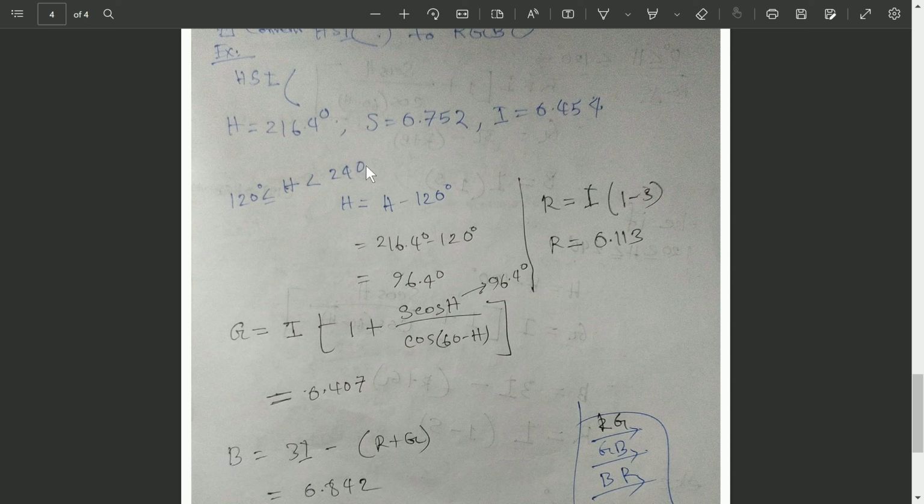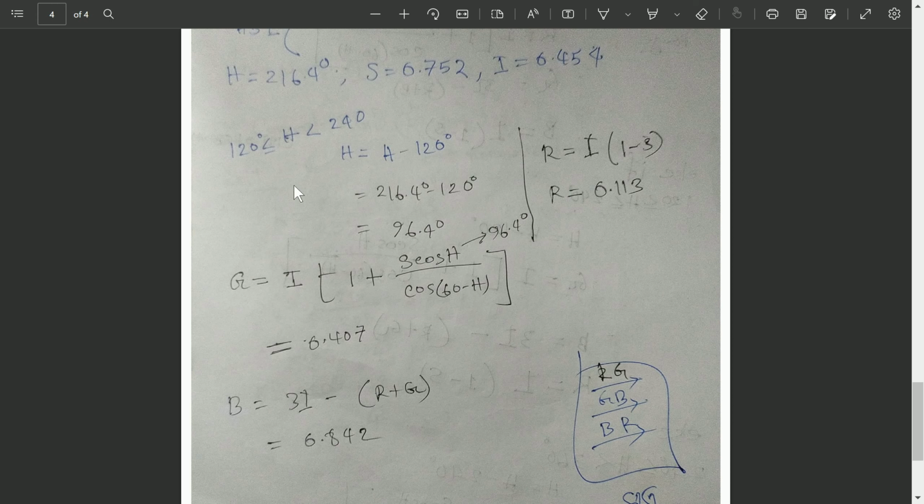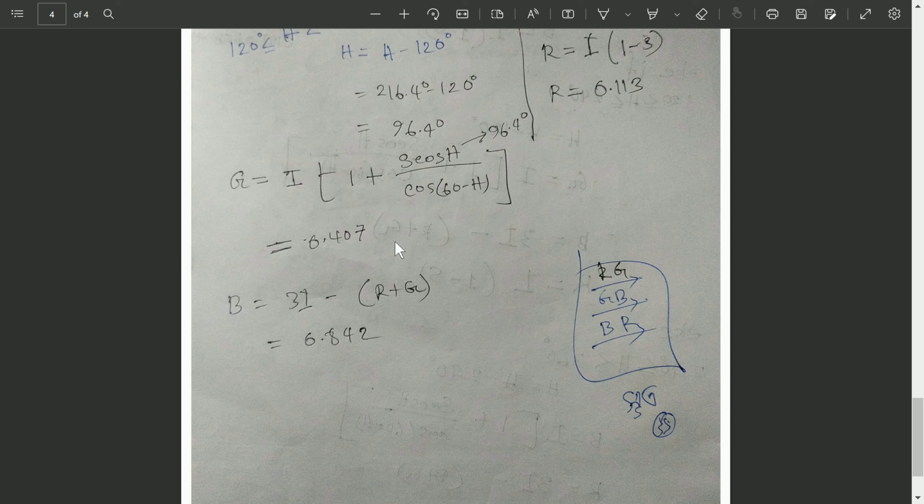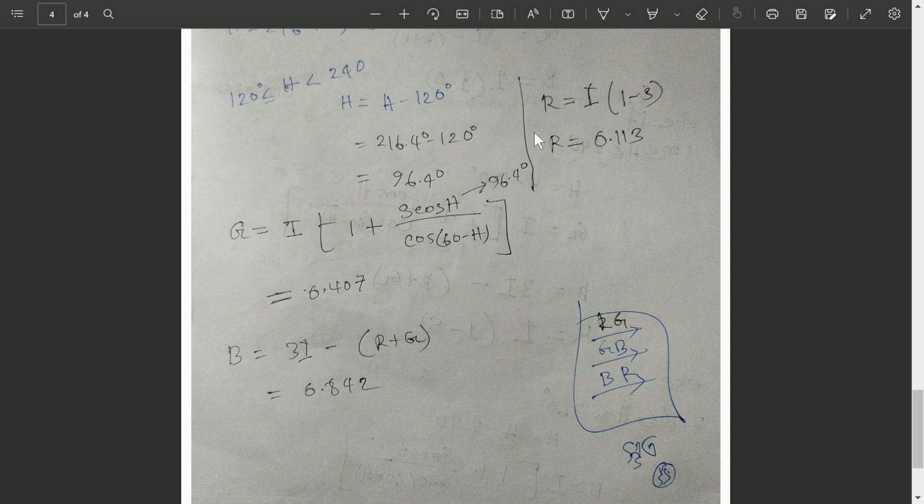So now we will use these equations. First of all, we subtract 120 from the value of H and put the new value inside H. So the new value of H is 96.4 degrees.